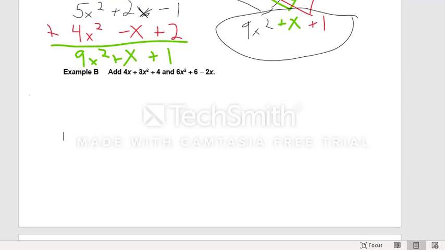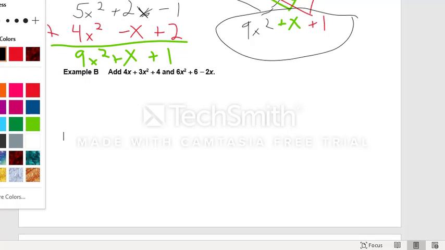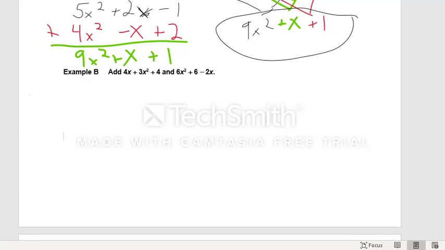All right, example B. If we notice, these are not in standard form, so we have to do that first. Standard form in order of decreasing exponents: 3x squared plus 4x plus 4. The other one, if we put it in standard form, 6x squared is first, minus 2x, and then plus 6 at the end. All right, so now they're both in standard form.